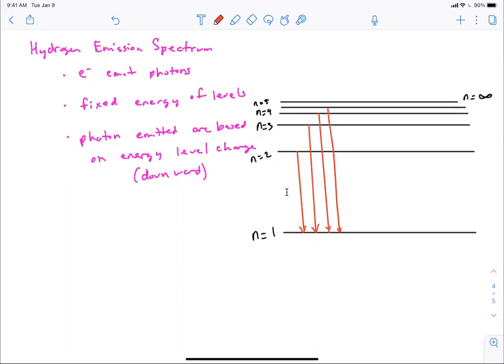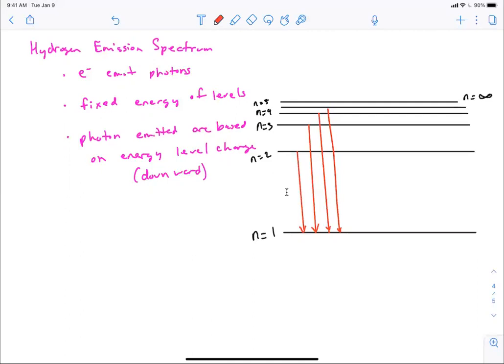Now, a couple of things that were shown in the research with hydrogen emission spectrum. One, the amount of energy that photons had when they were emitted increased as the jump got bigger, but the amount they increased by got smaller and smaller and smaller.